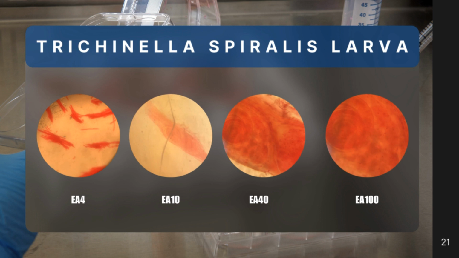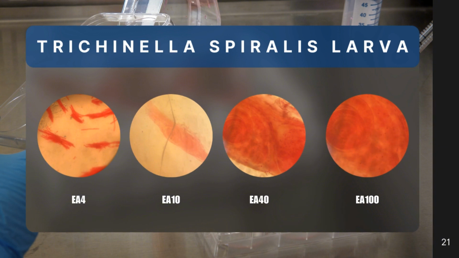When infected meat, typically pork, is consumed, the larvae are released in the intestine where they mature into adult worms. The female worms produce larvae that can migrate to various muscles where they form cysts. Symptoms of trichinosis can include gastrointestinal issues, muscle pain, fever, and swelling around the eyes.